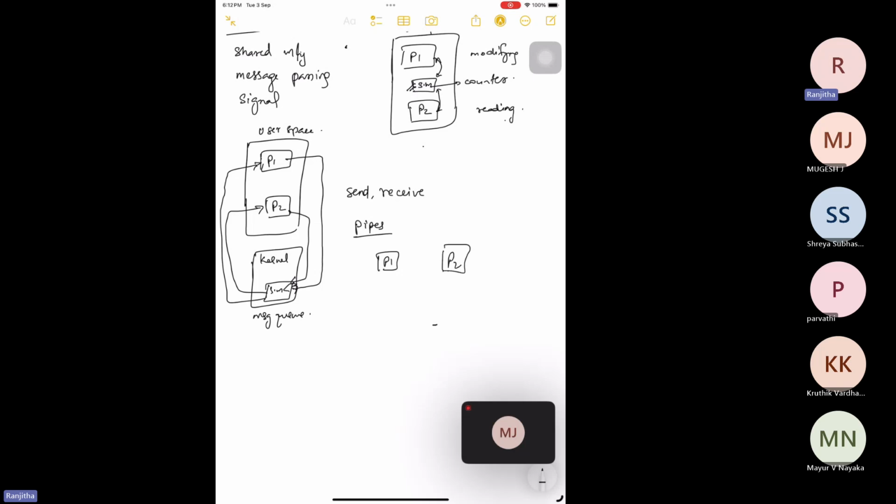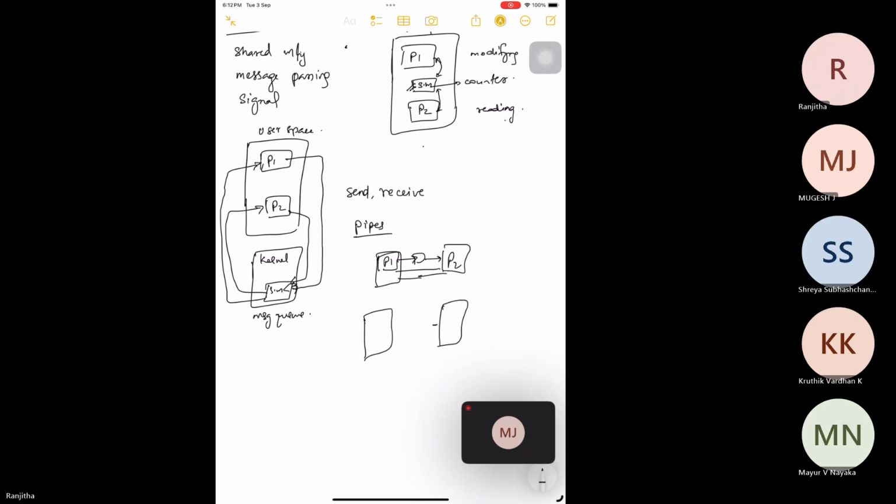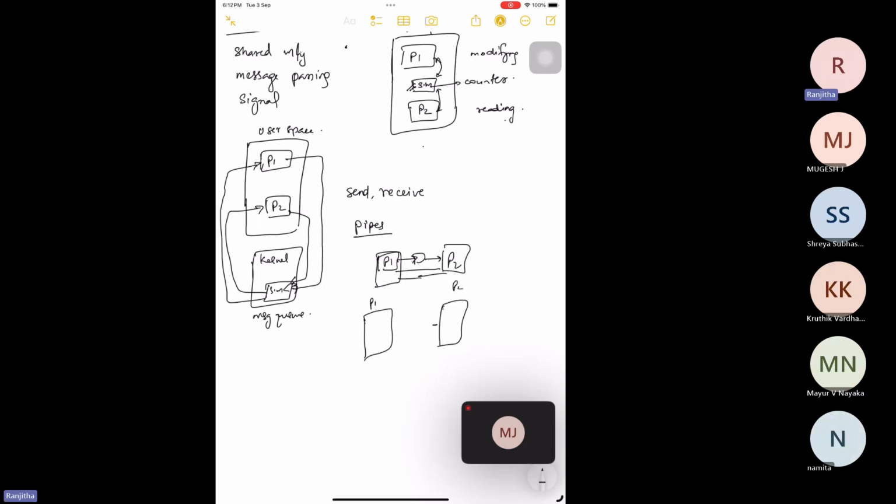Pipes are normally unidirectional. So whatever P1 wants to write, P1 will write to the pipe, and then P2 will read from it. And if P2 wants to write, it will be a new pipe in this direction. So we can assume that between P1 and P2, we have a pipe in one direction, and in another direction also we have another pipe.